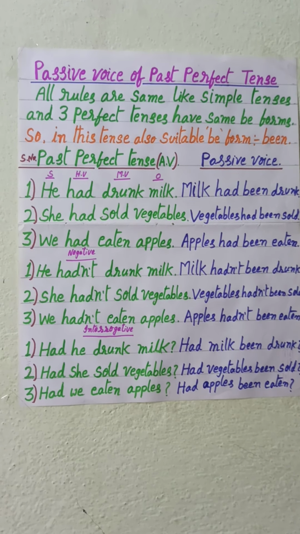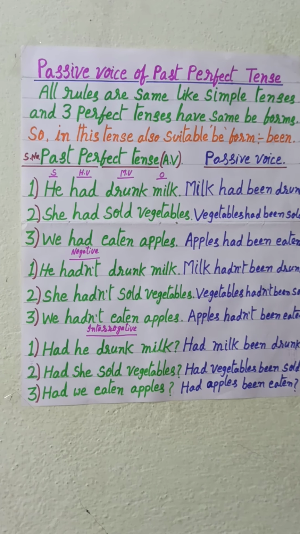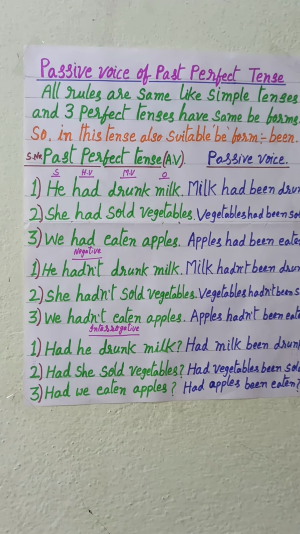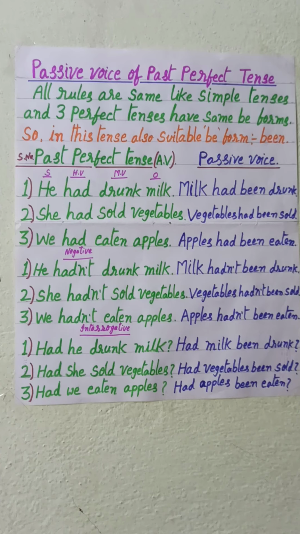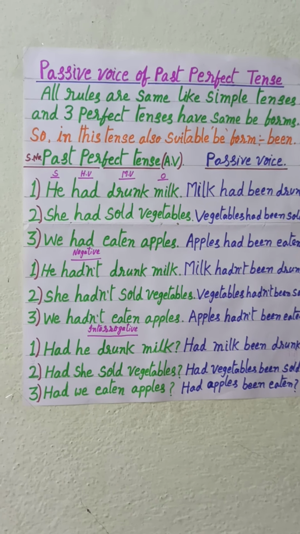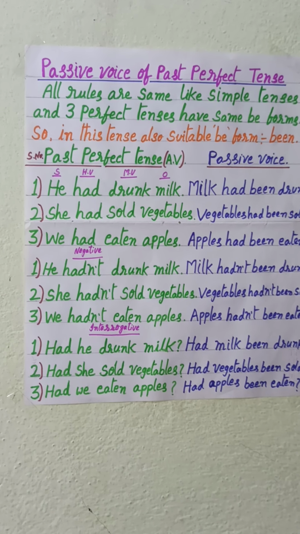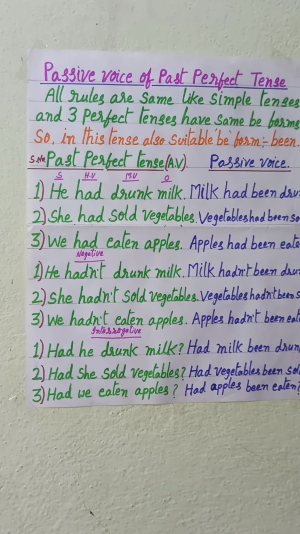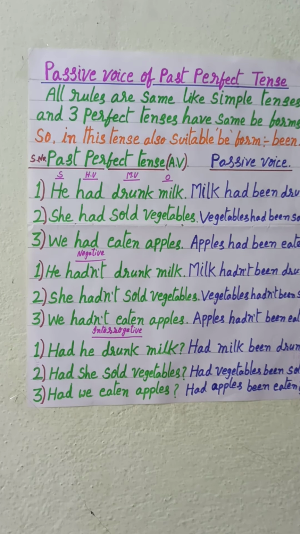Third sentence, we had eaten apples before we ate bananas. In the passive voice, apples had been eaten before bananas were eaten.